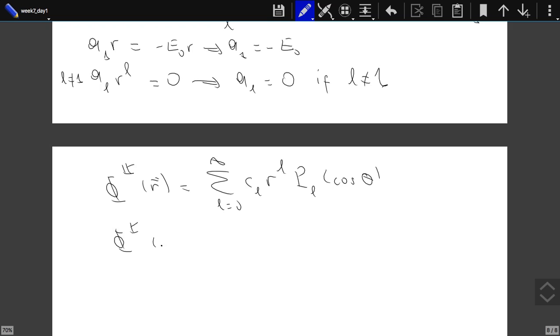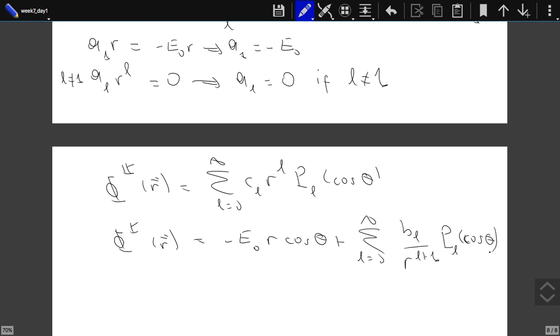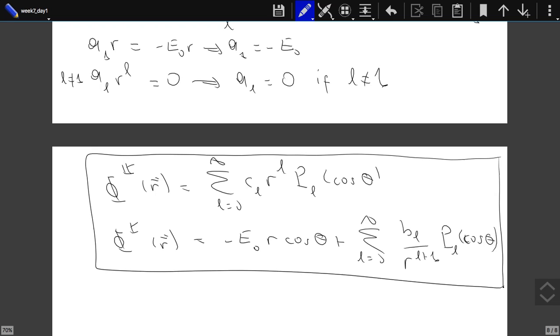Now let's combine these two. So we now have the potential in region 2. We didn't do anything with it. It is CL R to the L PL of cosine theta. And in region 1, outside our sphere, we have the A1 term only, minus E0 R cosine theta, plus, of course, all the other B terms.